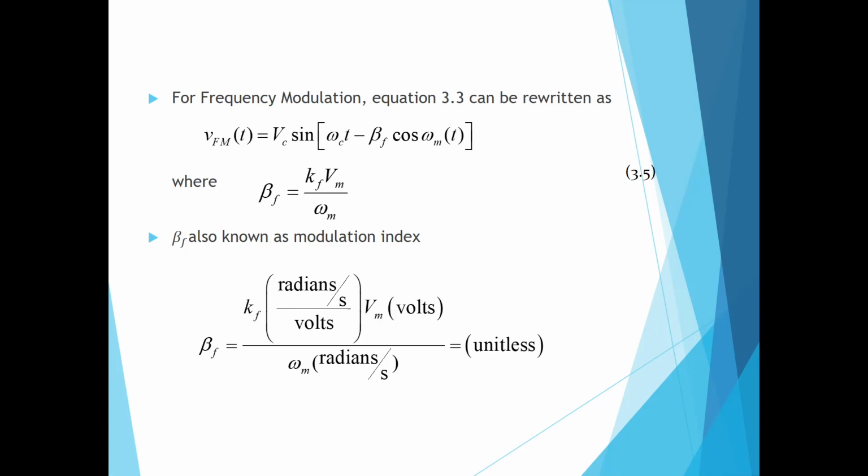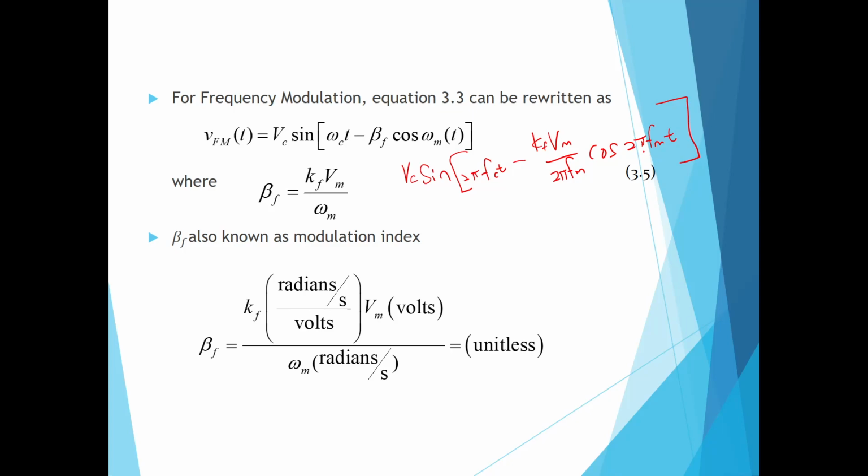What about beta F, the modulation index for frequency modulation? Based on the FM equation, which is Vc sine in bracket 2 pi fct minus Kf Vm over 2 pi fm cos 2 pi fmt, close big bracket.